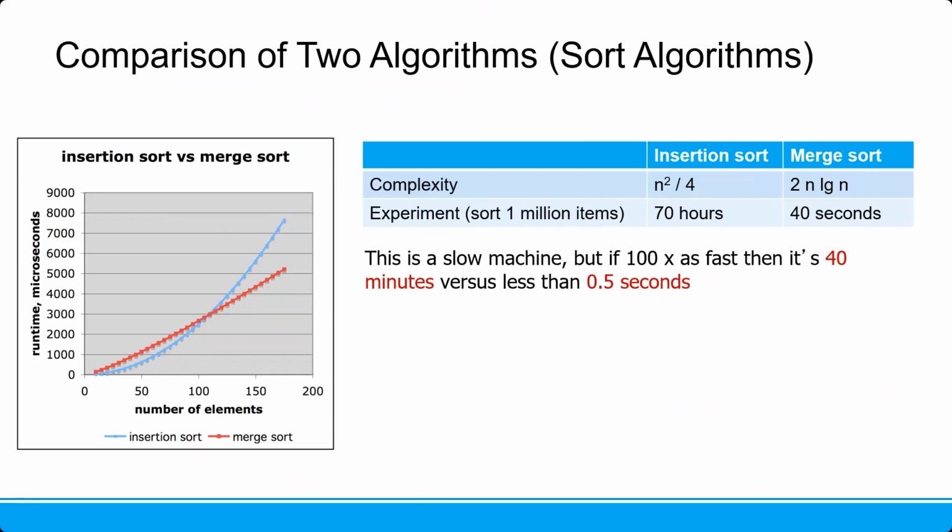If you have insertion sort and merge sort, for example, you need to show this graph. The complexity is n squared divided by 4 for the insertion sort. For the merge sort, it is 2n log n.